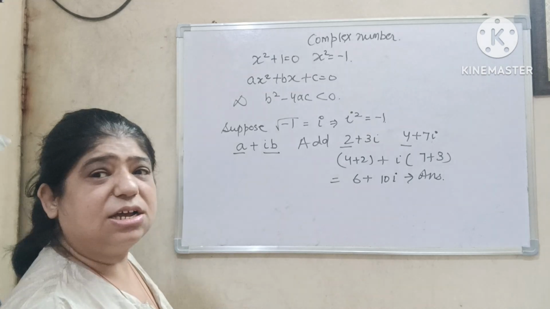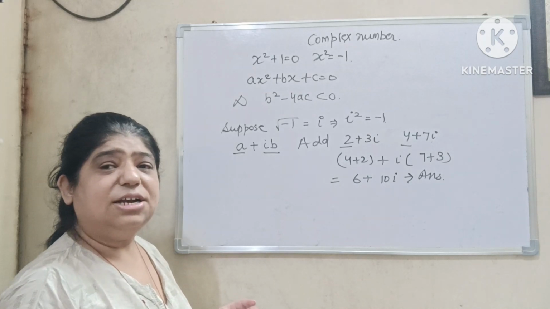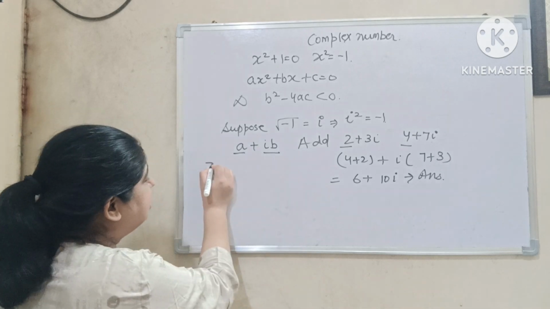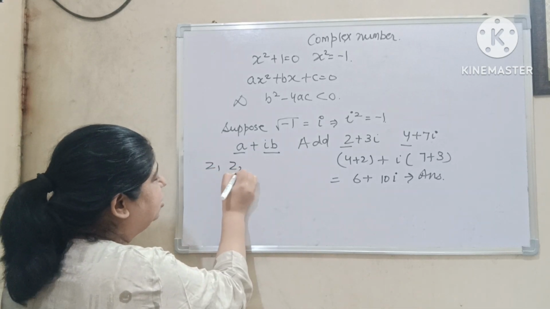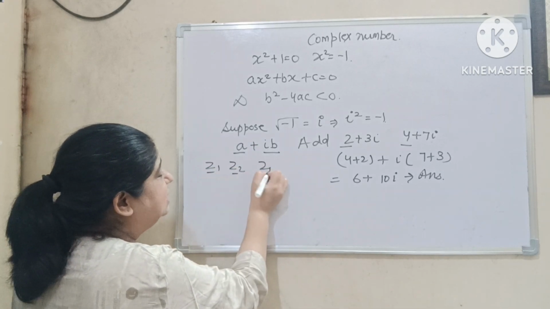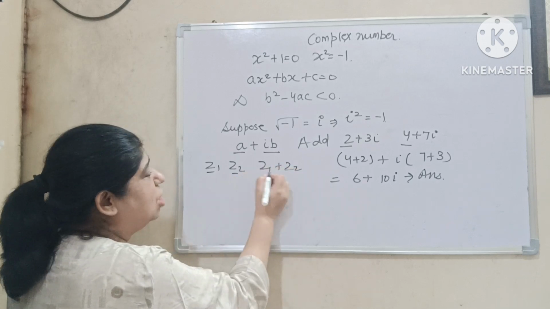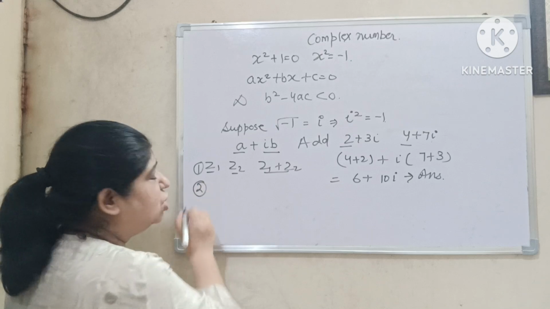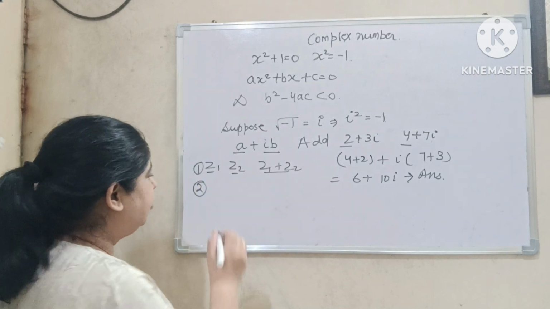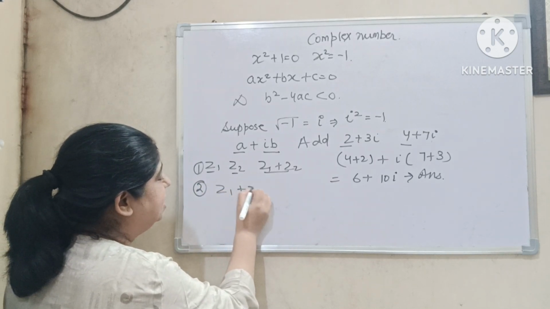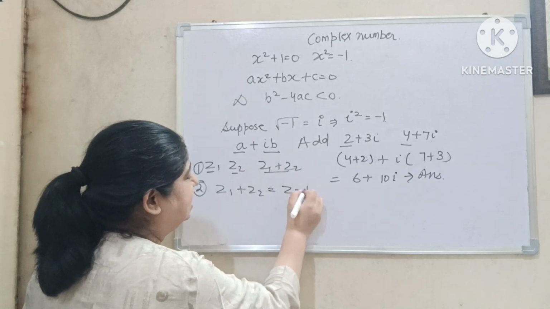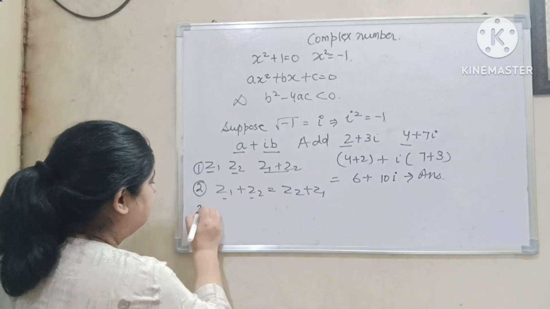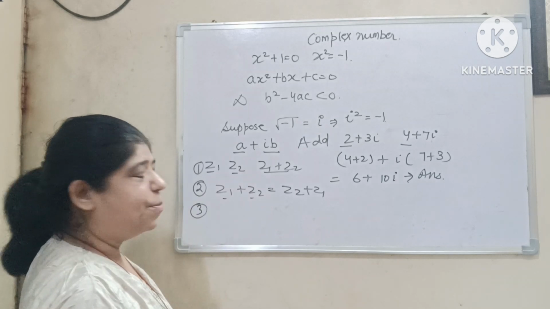Now what are the properties of addition? First, if Z1 and Z2 are complex number, then Z1 plus Z2 is also a complex number. This is your closure property. Second is your commutative property, which states that Z1 plus Z2 equals Z2 plus Z1, where Z1 and Z2 are complex numbers. Third is your associative property.